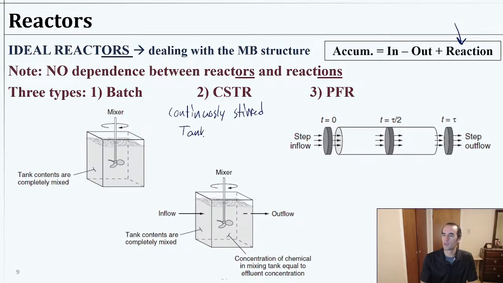Anyhow, our book uses CSTR pretty often. This is a common one. It's basically you have a batch system and you are sending water in, and it's also going out at the same time. So it's basically a batch reactor with a hose going in and a hose going out.